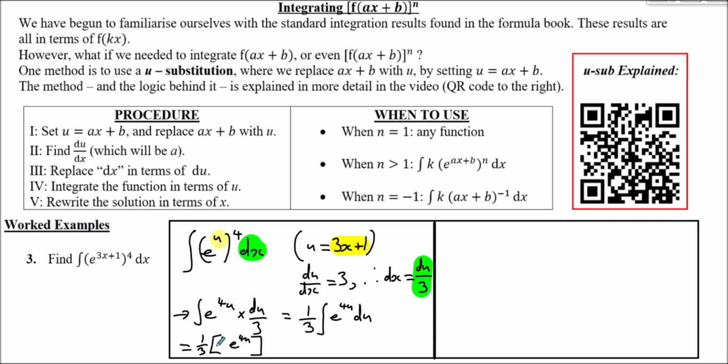So it's going to be 1/4 of e to the 4u plus some constant of integration. And then neaten it up, 1/3 times 1/4 is going to be 1/12 e to the 4u. Now, u, of course, was 3x plus 1. So 4 times u will be 12x plus 4. So I'm going to have 1/12 e to the 12x plus 4, then all plus c.